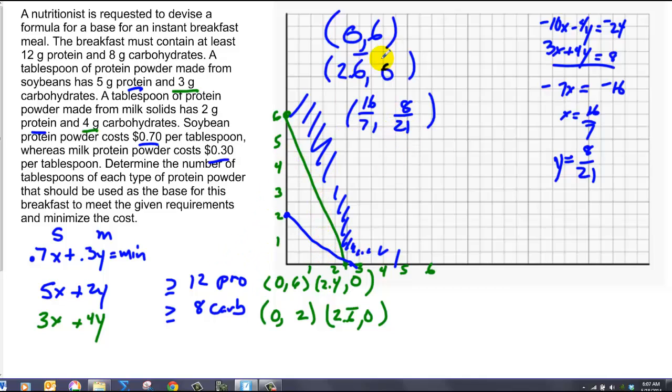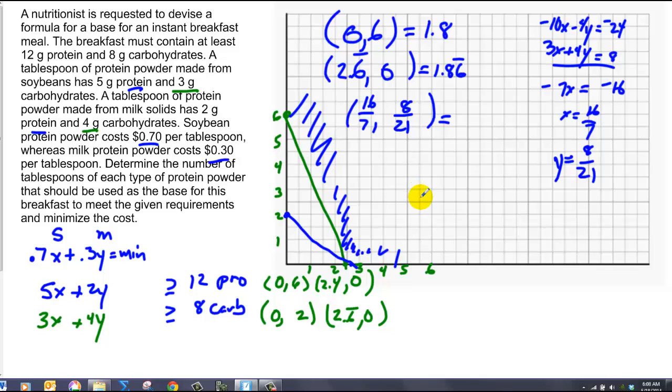I have to plug each of these into my minimizing equation. So let's go ahead and do that. In the first equation, after plugging that in, I get 1.8. Second equation, I end up with 1.86 repeating.